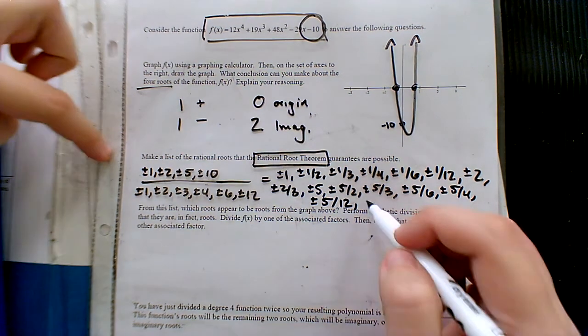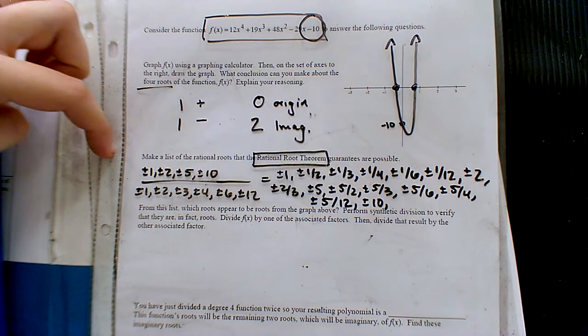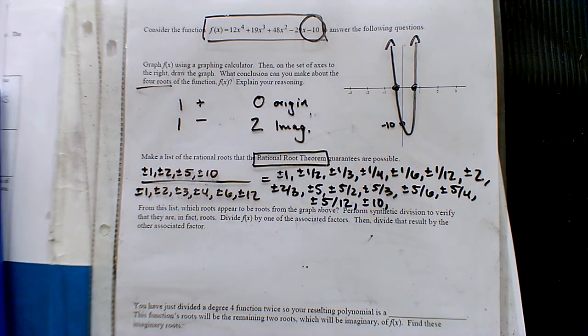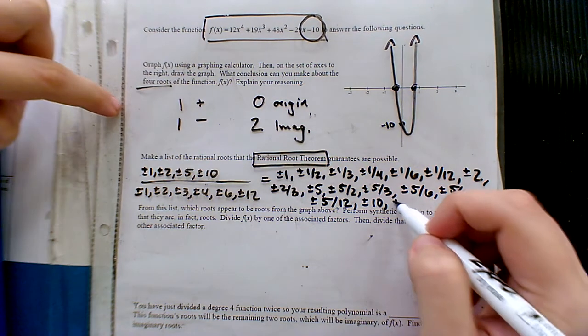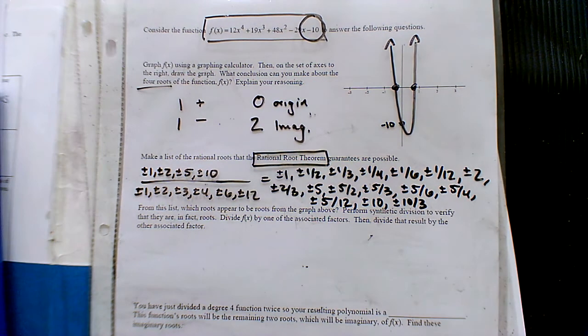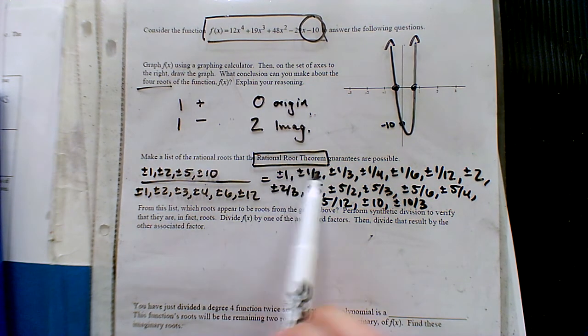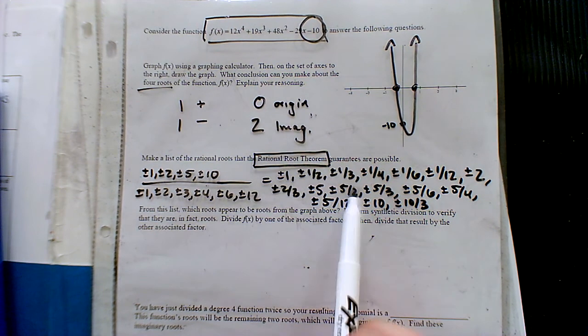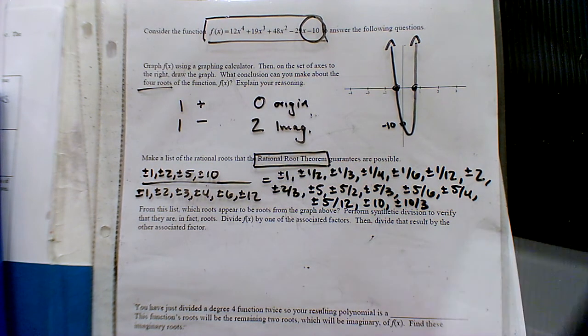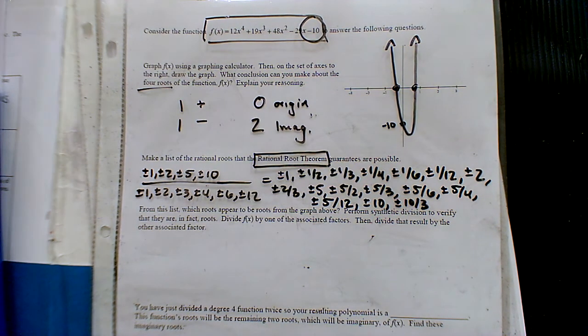Alright, last one, moving on to 10. 10 over 1. 10 over 2, already listed. 10 over 3 is not. 10 over 6 already listed. 10 over 12 already listed. 1, 2, 3, 4, 5, 6, 7, 8, 9, 10, 11, 12, 13, 14, 15, 16 times 2.